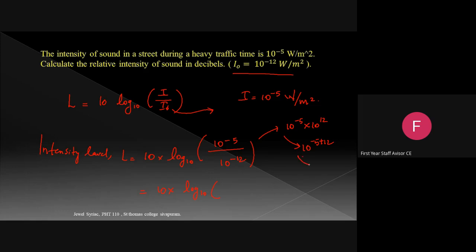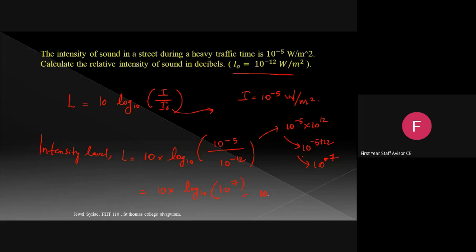It is equal to 10 raised to 7. So log base 10 raised to 7. So that is equal to 10 into log base 10 raised to 7. What is it? Calculate here, chat box.